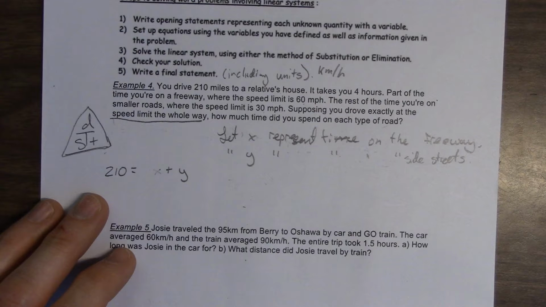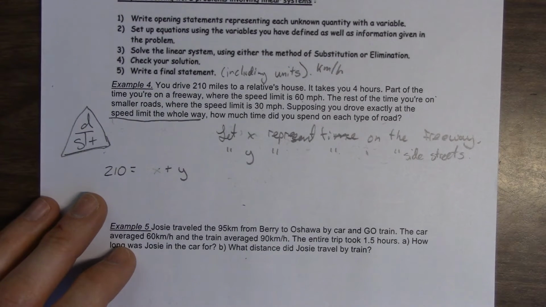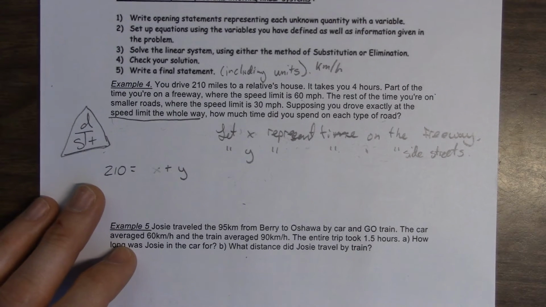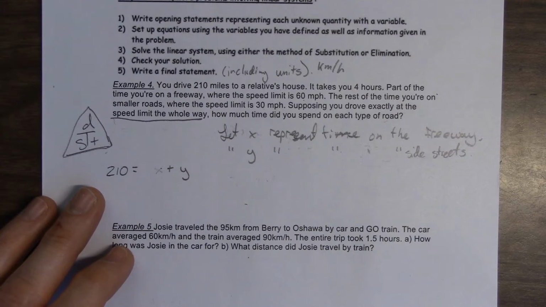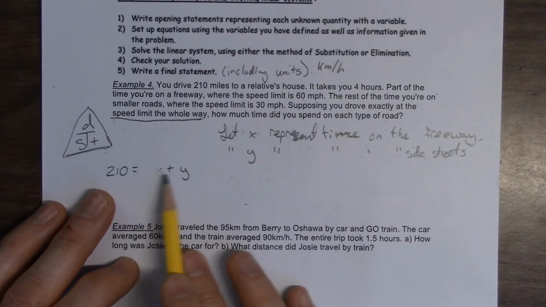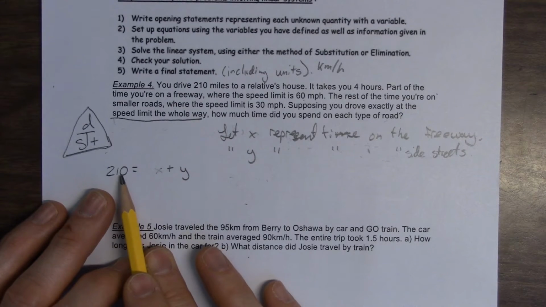Would it be distance divided by the speed equals the time? So 210 divided by 60 to find the freeway equals... No, we have 210 as the distance. We need two other distances to make up 210.